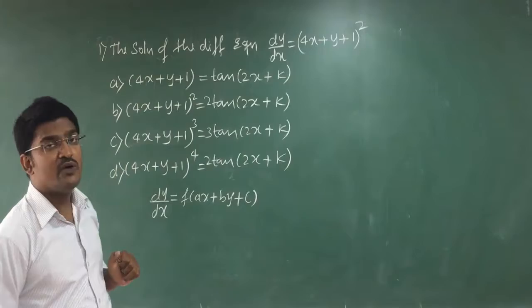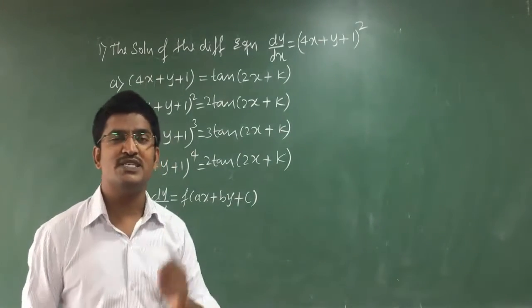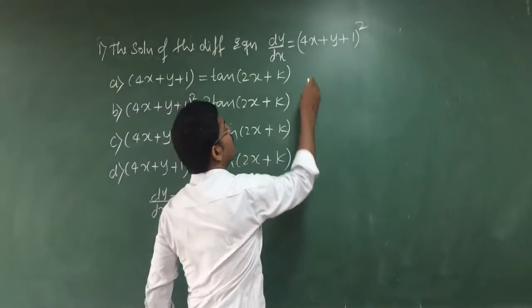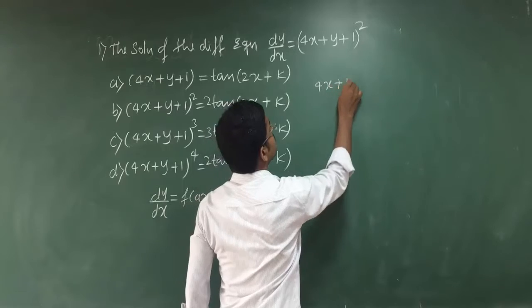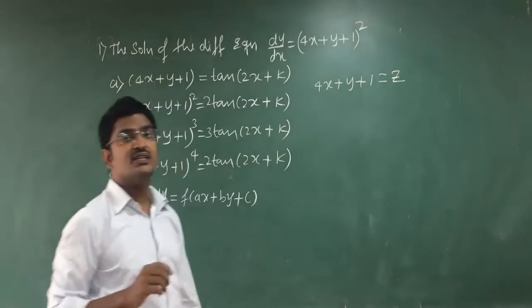So for that, what we have to do is replace this term as z. That means ax plus by plus c has to be replaced as z. So here, replace 4x plus y plus 1 equal to z and simplify.